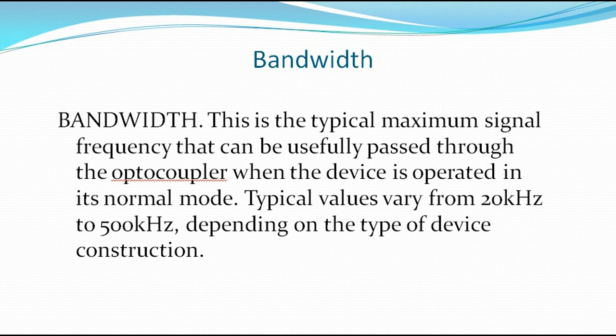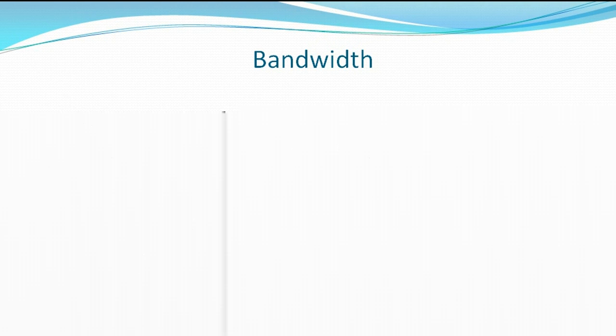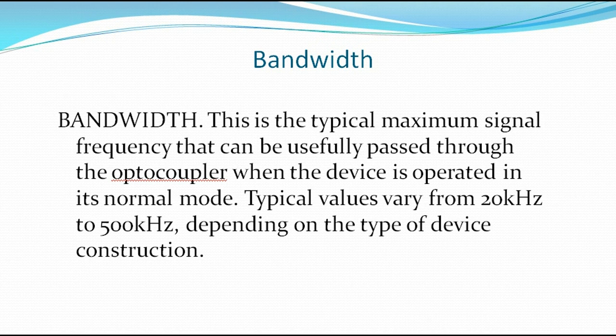It depends on the light sensor and the device construction. It could be a DC phototransistor or an AC phototransistor, all depending on the devices you are about to use.